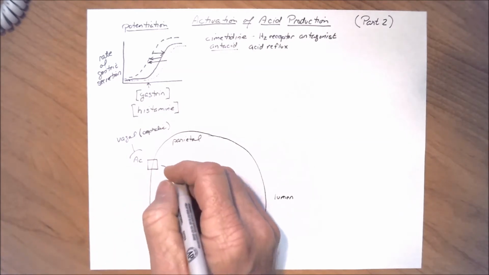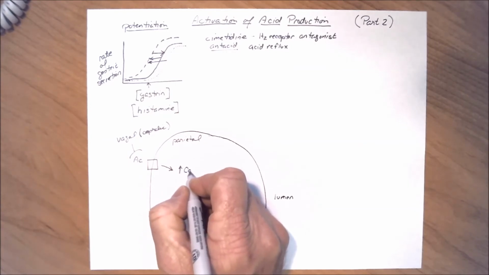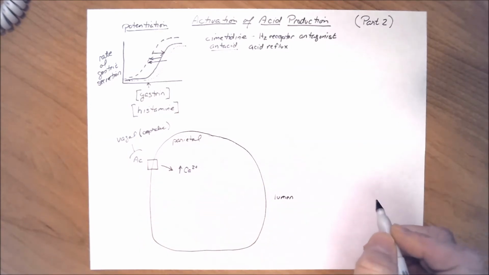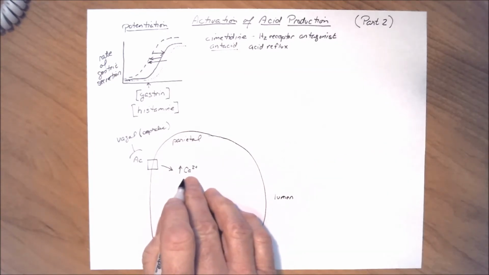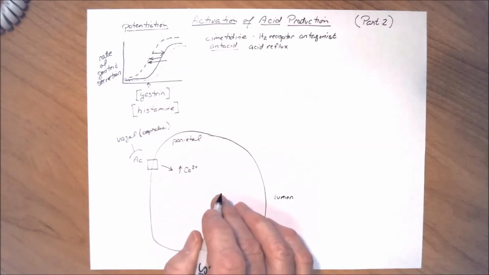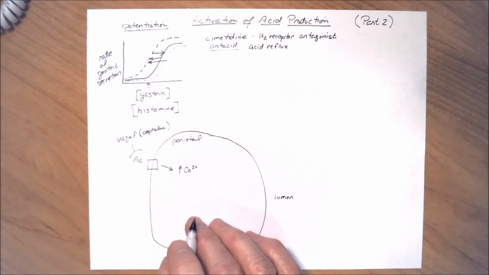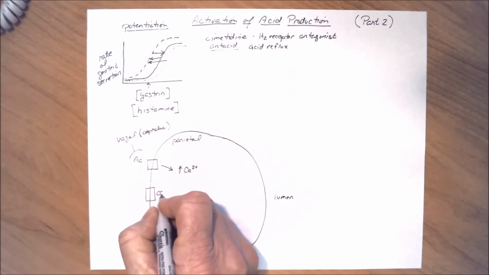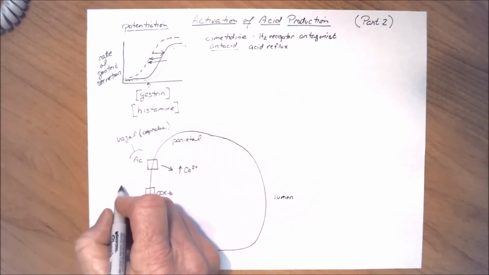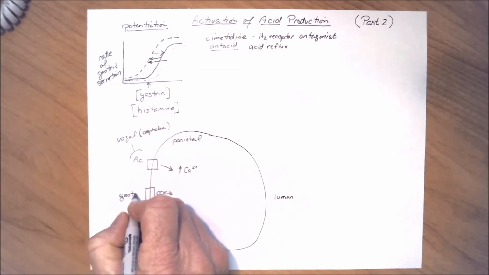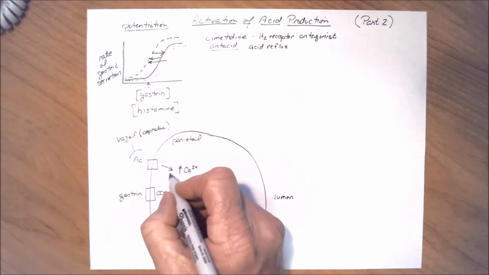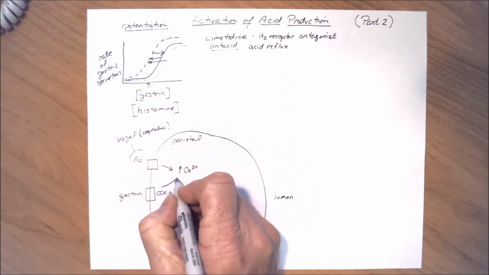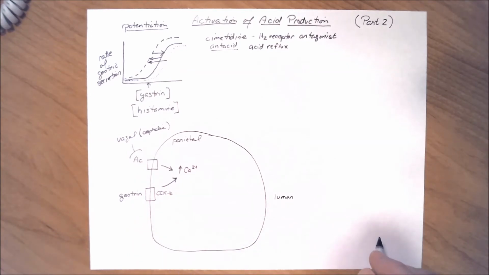Acetylcholine will trigger the increase in calcium, and the calcium will be the effector, the second messenger, that controls the rate of acid production. The other receptor we have is CCK isoform B, the receptor for gastrin.